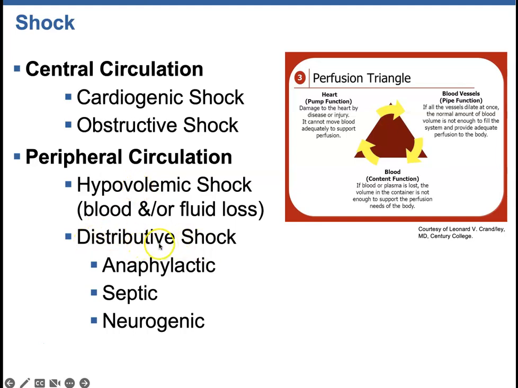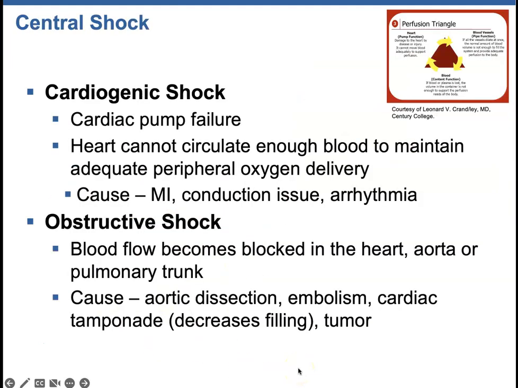And then under distributive, we have the anaphylactic, septic, and neurogenic. So remember, if you get a question on what type of shock is anaphylaxis, it's distributive shock. If you get a question on what type of shock is septic shock, it's distributive shock. All right, but it's all tying into what happens in the periphery.